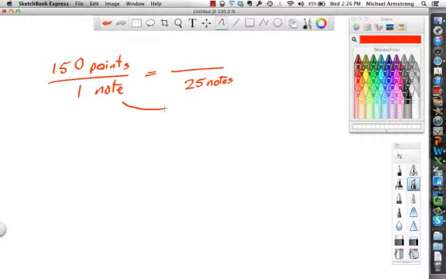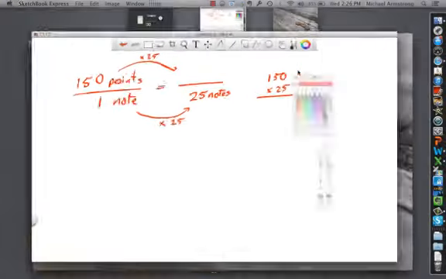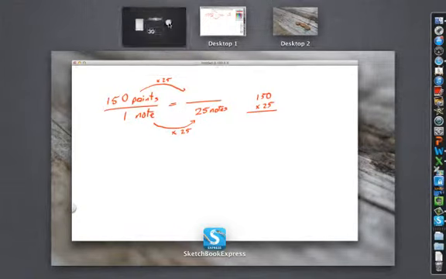And again, we're going to do the same thing, but instead of dividing, 1 goes into 25 25 times, so we're going to multiply by 25. And we're going to do the same thing up here. We're going to multiply by 25, and we're going to figure out what 150 times 25 is. And again, I'm okay with you using a calculator for this type of problem.